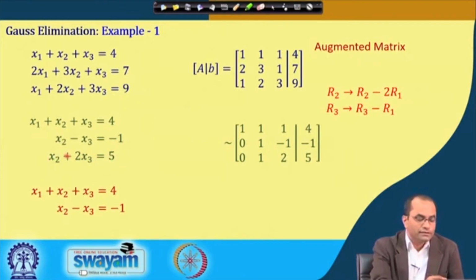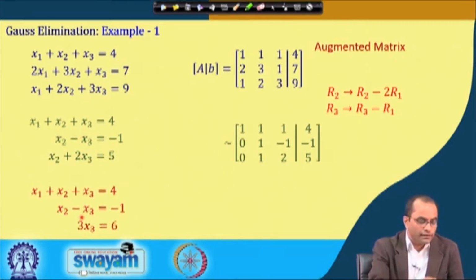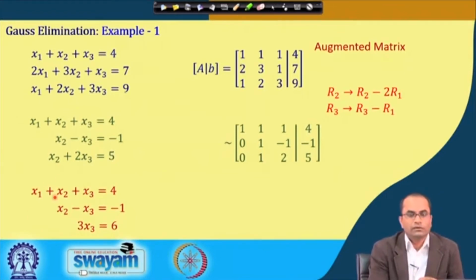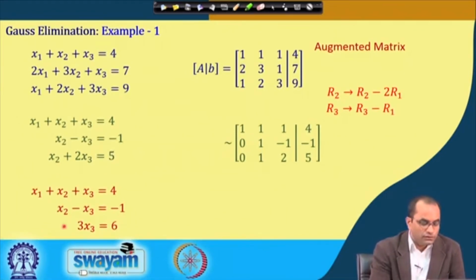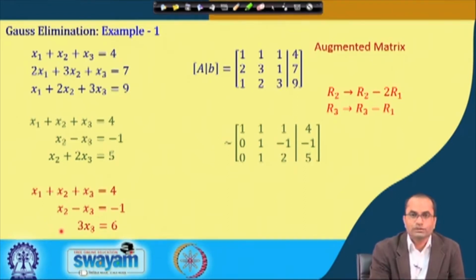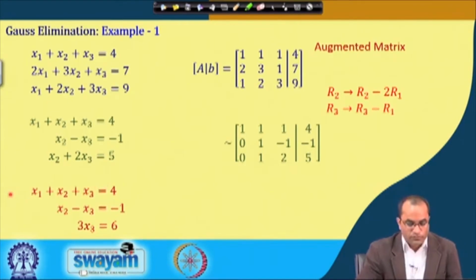That means equation number 3 minus equation number 2. So, this will become 0, no x2. When we subtract, this will come 3x3, and here it will come 6. So, we have this system now, where from the third equation x1 and x2 are removed, from the second equation x1 is removed, and the first equation is intact as before.